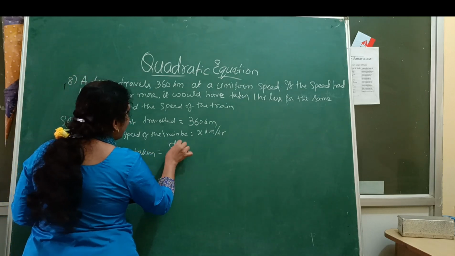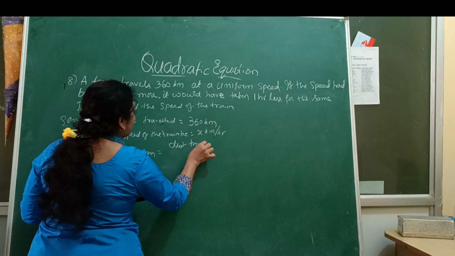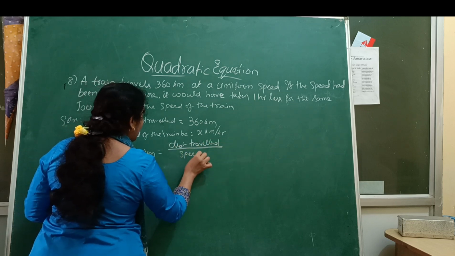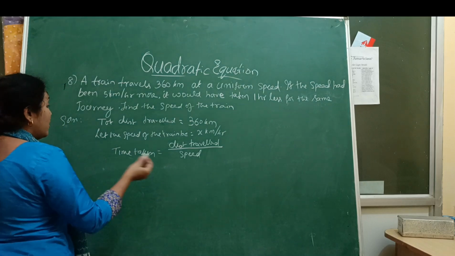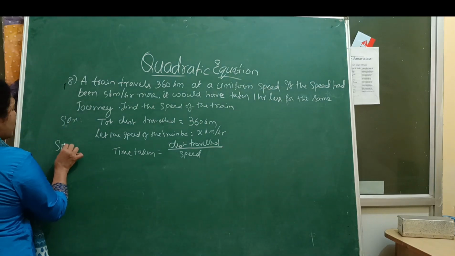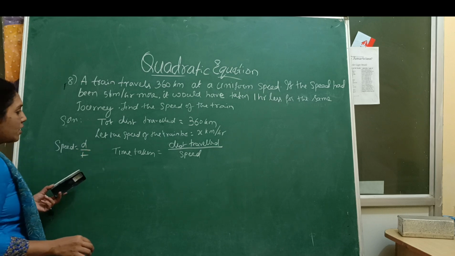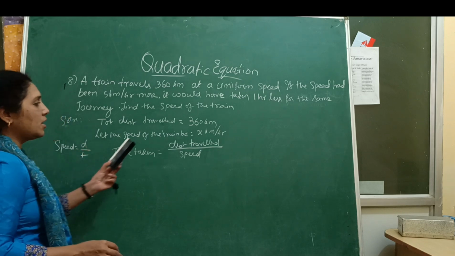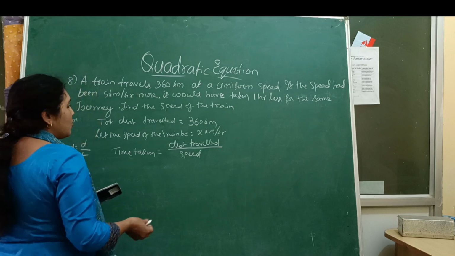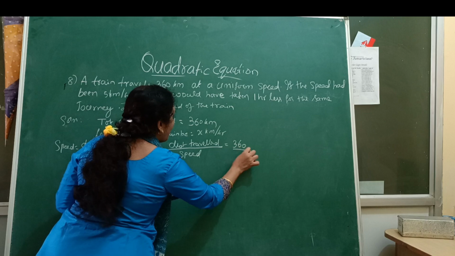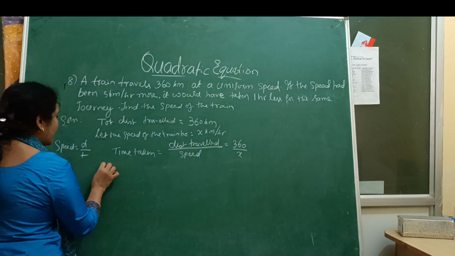Time taken is equal to distance travelled by speed. In your physics you have already learnt, speed is equal to distance by time taken. The same thing I am writing here. Time taken is equal to distance travelled by speed, which is equal to 360 by x.